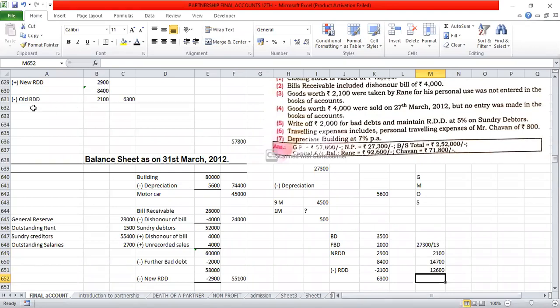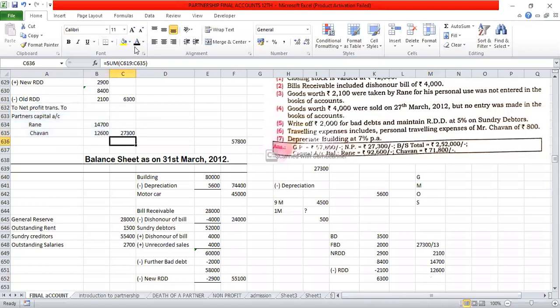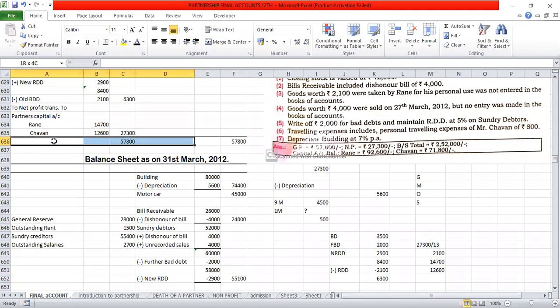Net profit is transferred to the partners' capital accounts: 14,700 for Rane and 12,600 for Chavan. Which side should I write it on in the partners' capital account? Credit side.